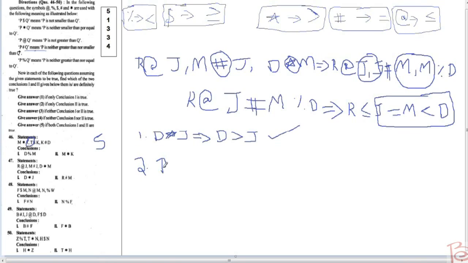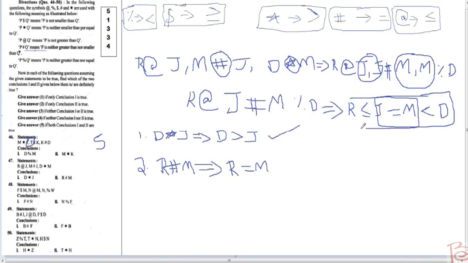Second one, r number sign m. The number sign means equal to. So we have to check whether r is equal to m or not.